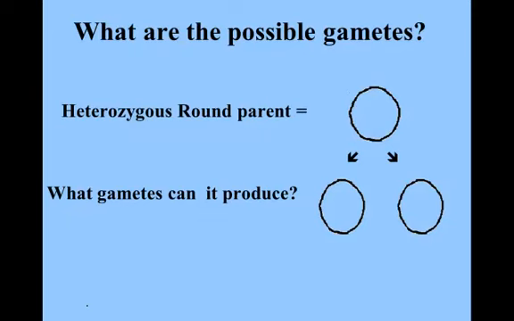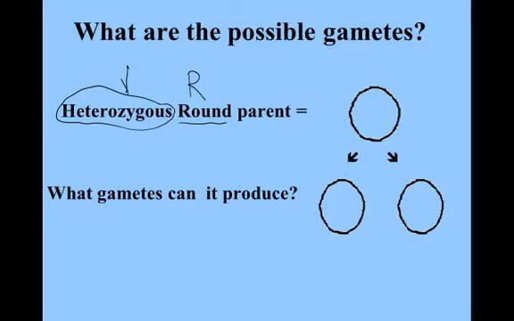Okay, let's try a heterozygous round parent. Remember, we're going to use big R for round. Big R stands for round. And what does heterozygous tell me? Heterozygous means the same as hybrid. And if I'm heterozygous, it means I've got to have 2 different gene choices, right?